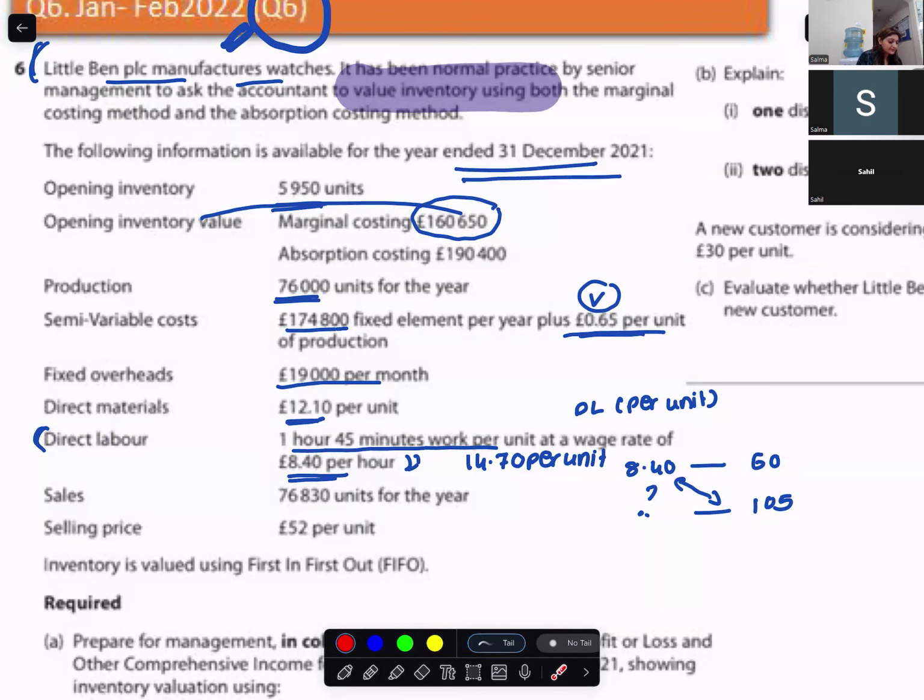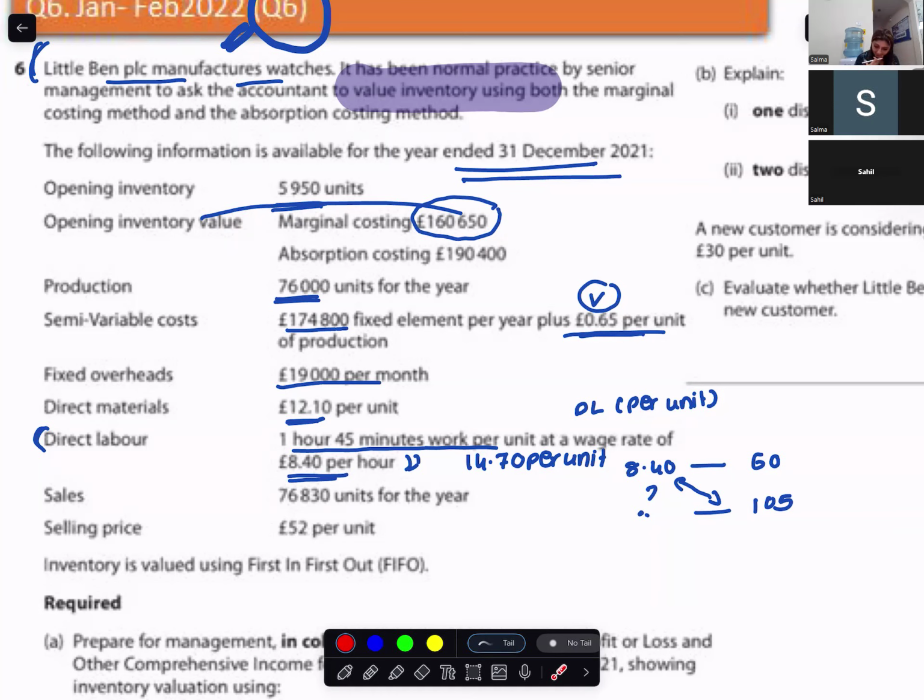It'll give you 14.5. Oh, you have written 14.7. Sorry, 14.7. My calculator shows me 14.7. Let me check again. Okay, 14.7.